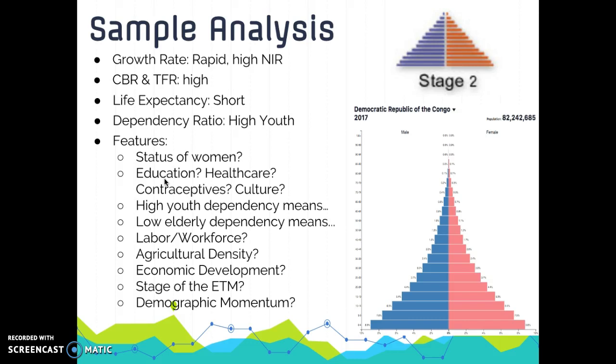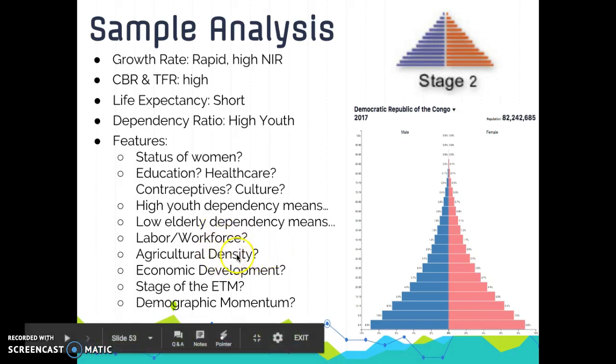And I can also tell that if we go down here to labor and workforce, since the natural increase rate is so high, people are having so many babies, that there is a heavy reliance on families to work, right? So I can infer here that this is an agriculturally based society. And so since they need so many people to work, that means that their agricultural density is going to be very high. There's going to be a lot of people working in agriculture.